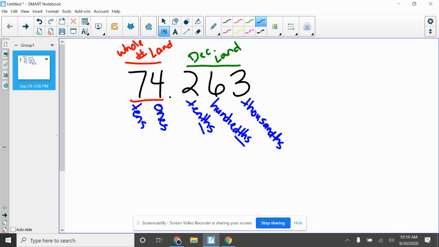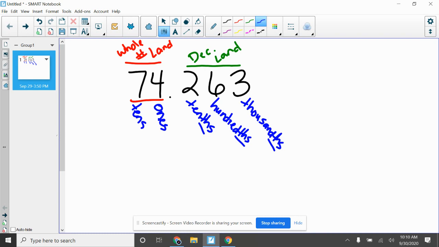I could keep going on this side also, but we just don't. In math, because the decimal side talks about how small things get, we just don't go as small as the millionths place.